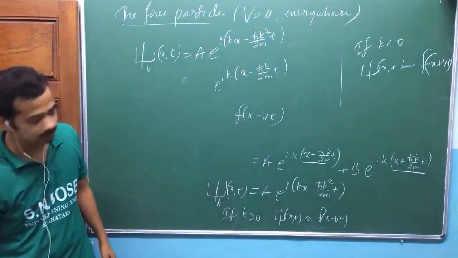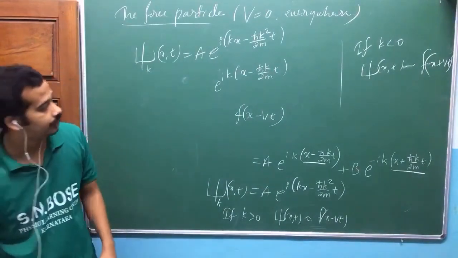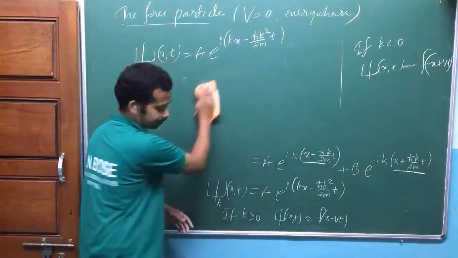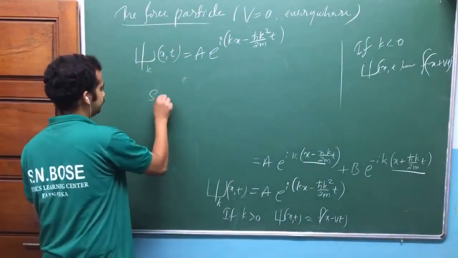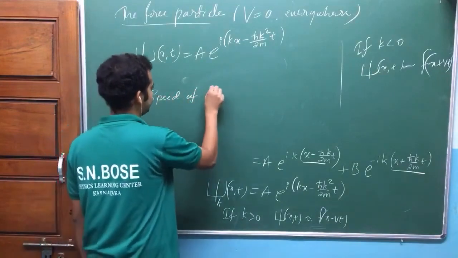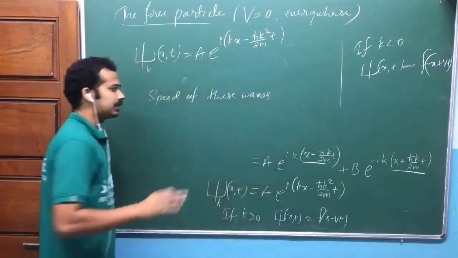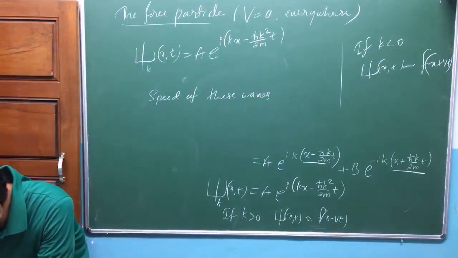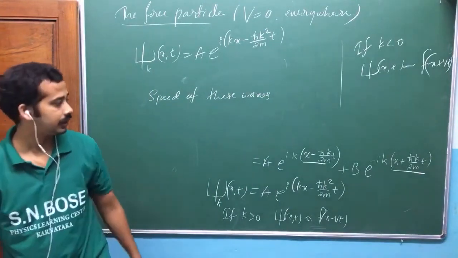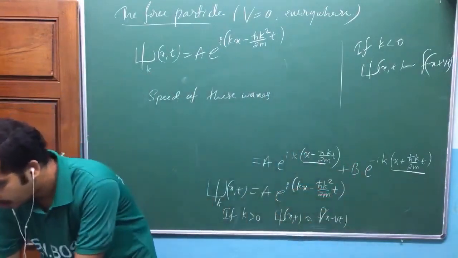So that's the velocity of the wave, the speed of the wave. The speed of these waves, you can imagine like a matter wave, but I'm not going to interpret it like this. Yeah, definitely we can represent this as a linear combination. That's a very good question.